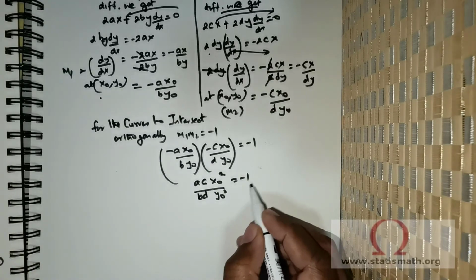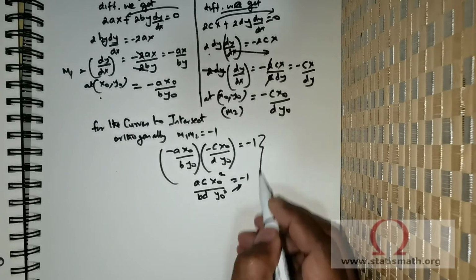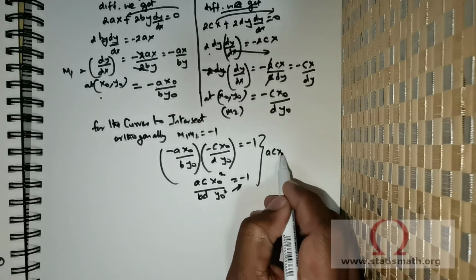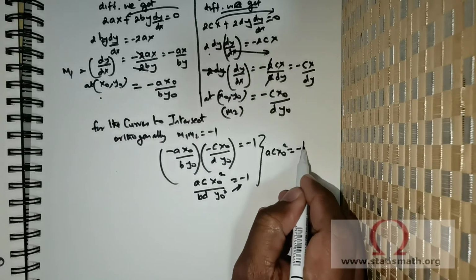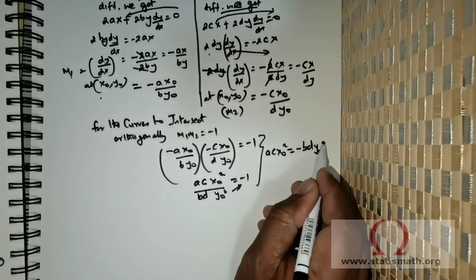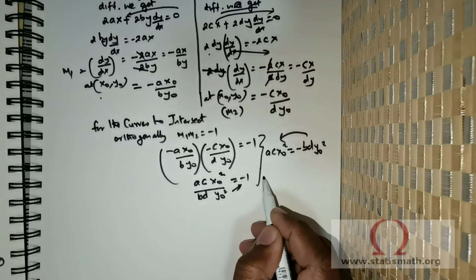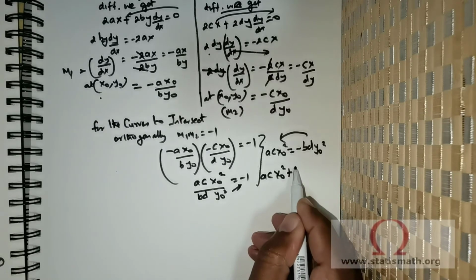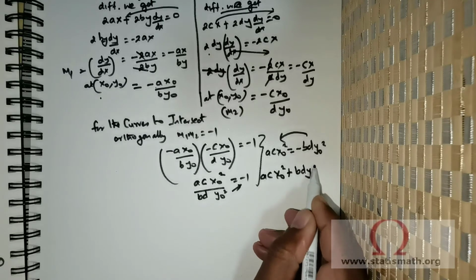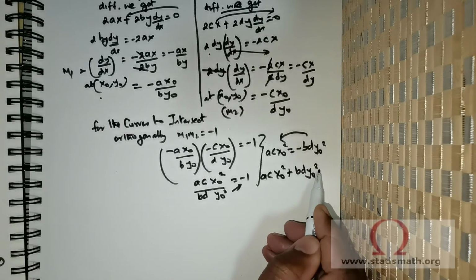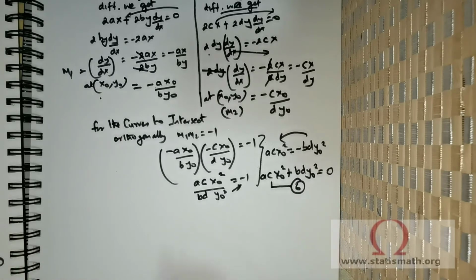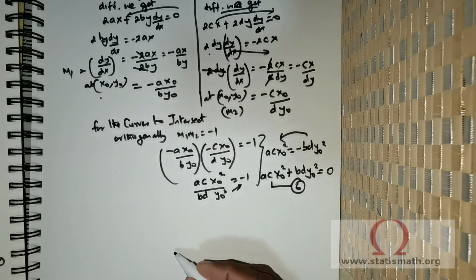Now I can cross multiply this, so I'm going to write the quantity here. So that's going to give me a times c x0 squared is equal to negative bd y0 squared. I can move this quantity to the left. That's going to give me ac x0 squared positive b times d y0 squared, and that is going to be equal to 0. So I can take this as equation 6.